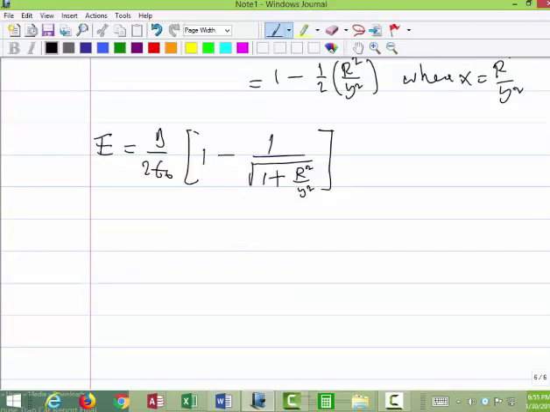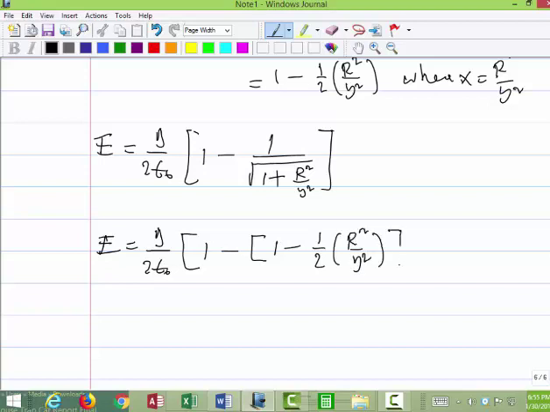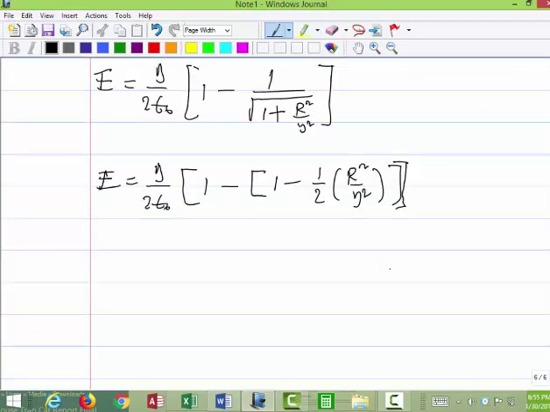So E can be written as eta over 2 epsilon naught times 1 minus half r squared over y squared in parentheses. We can put another one there like that. All right, so I believe we are getting to that point. So let's write it out. E equals eta over 2 epsilon naught.